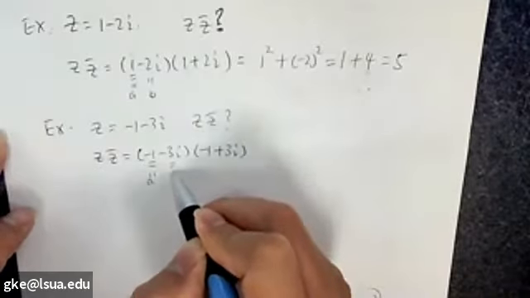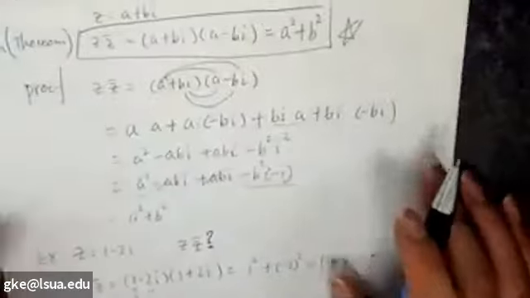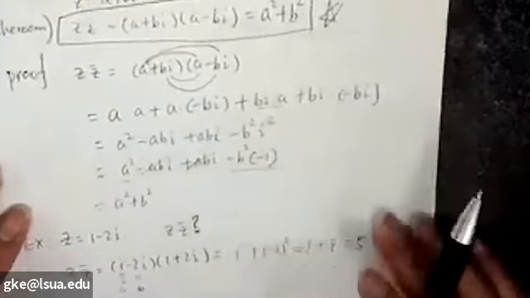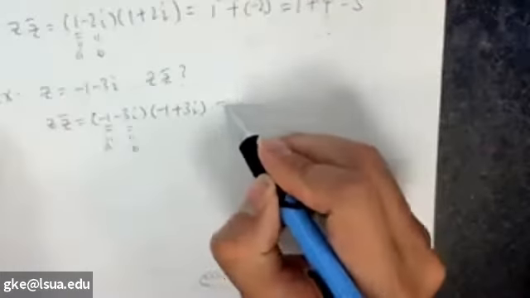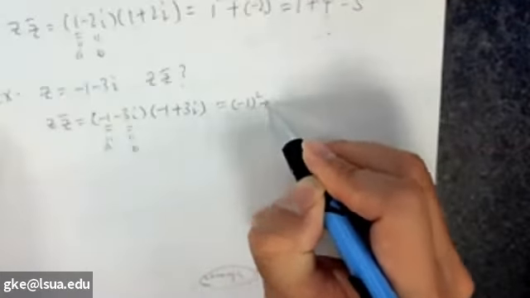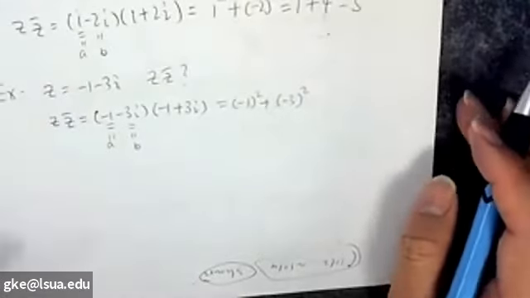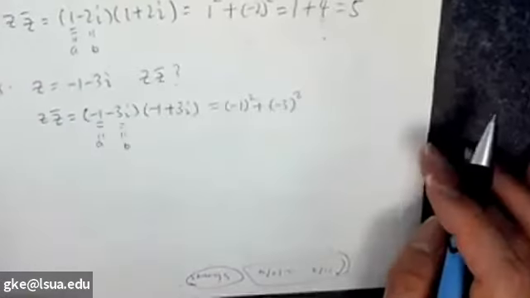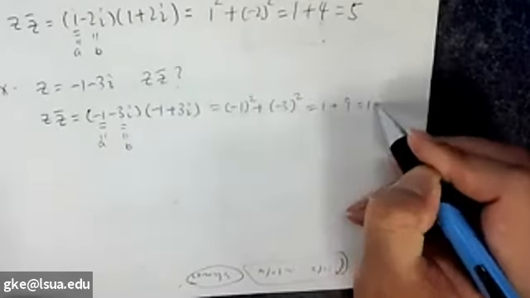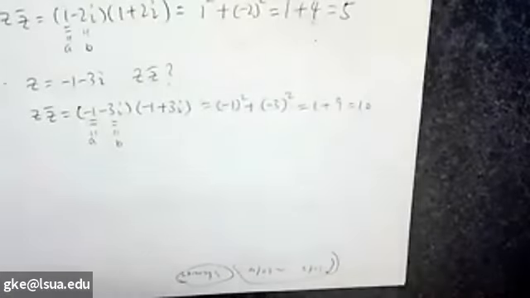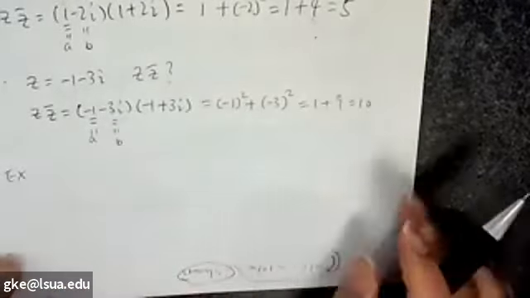B is what? -3. Okay, very good. So A squared plus B squared is gonna be -1 squared plus -3 squared, right? Very straightforward. So plug in the formula. So 1 plus 9, 10. That's it. Okay. So I give you guys the last example.